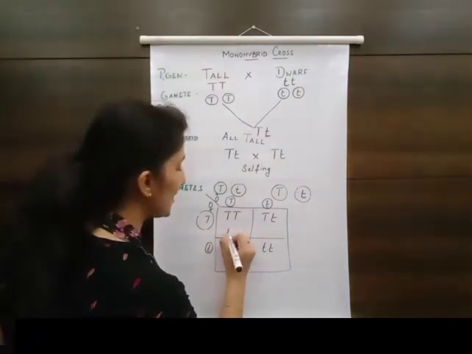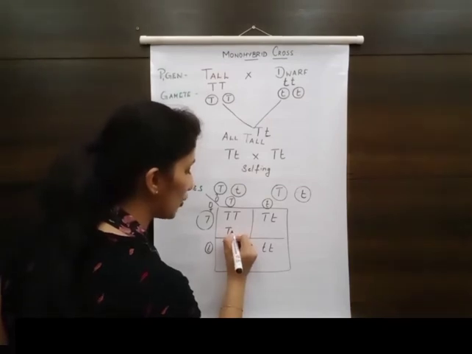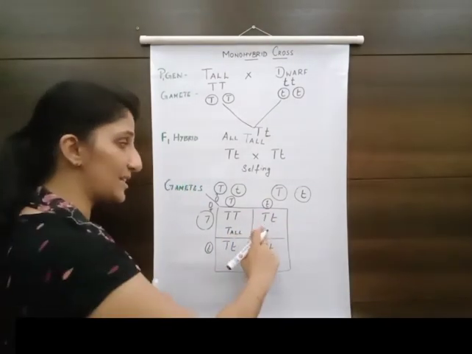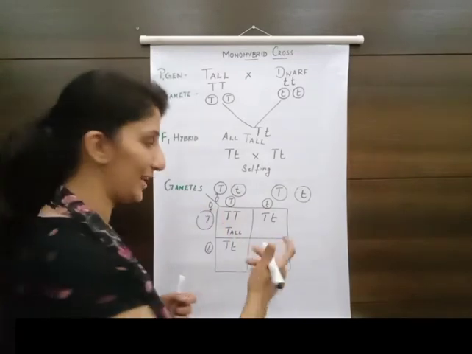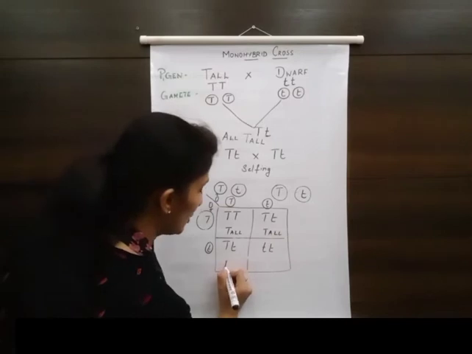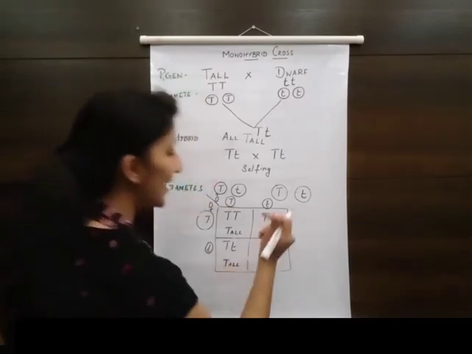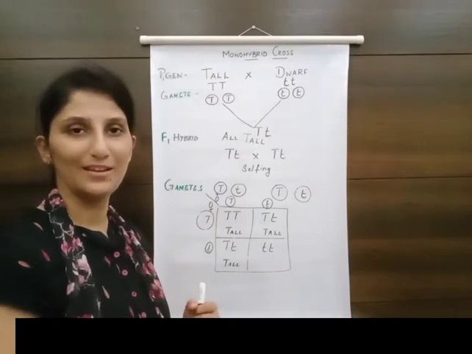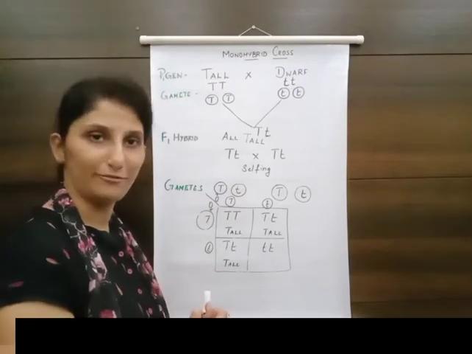So let us write this as tall. And again, this heterozygous condition, we know capital T is dominant over small t, and again we get the phenotype tall. This is also tall. Whereas small t small t homozygous, what is this phenotype? It is always dwarf.